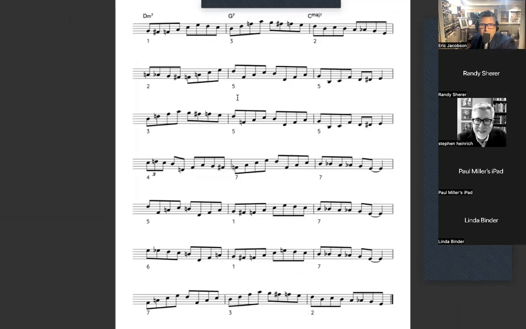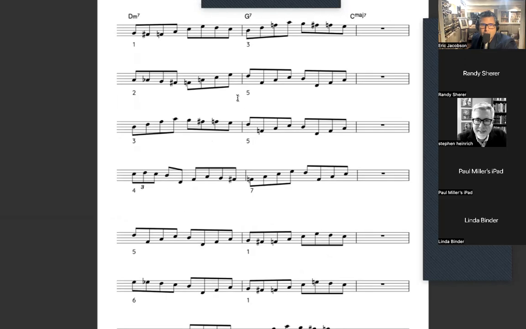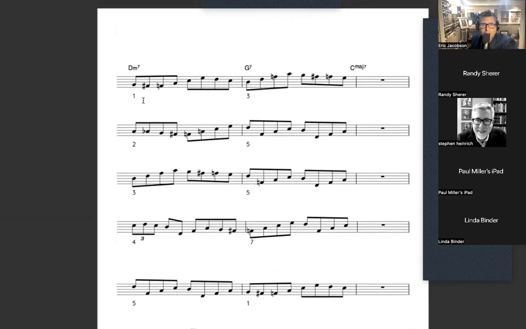Make more sense for you guys. Aha, there we are. Okay, starting on the 1. Now remember, I mentioned, isn't G7 the same as D minor? So I'm going to treat that as D minor here now, starting on the 1 of G7, but it's over D minor.